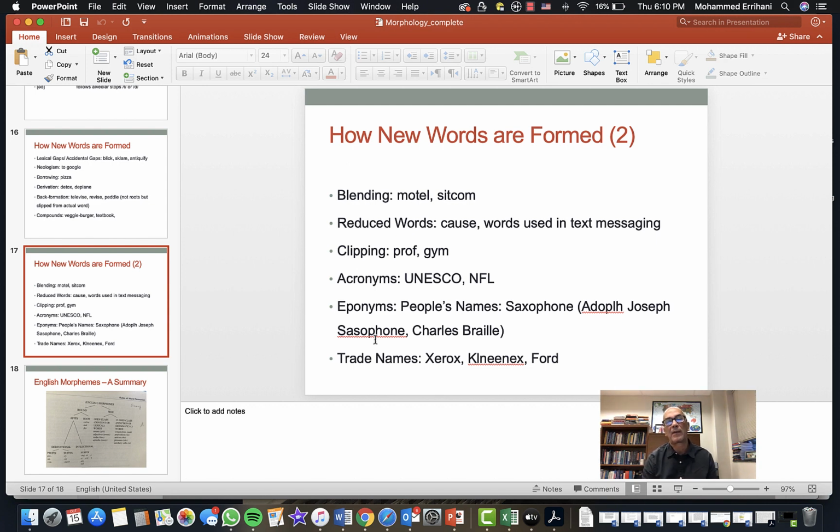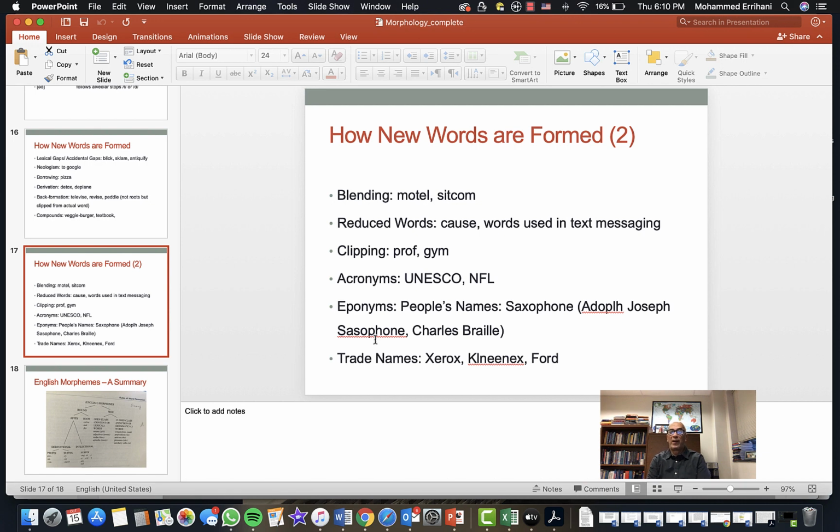The next type of new words and how they are formed consists of reduced words, and this is what happens when text messaging takes over. So you have words used in text messaging, and instead of saying because, they say cause.